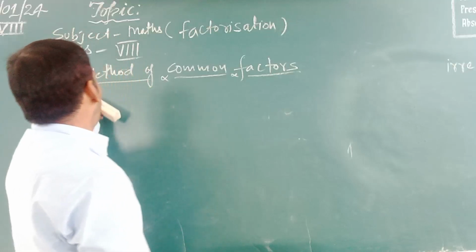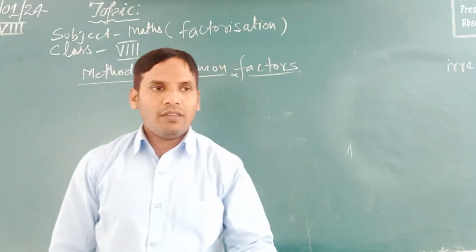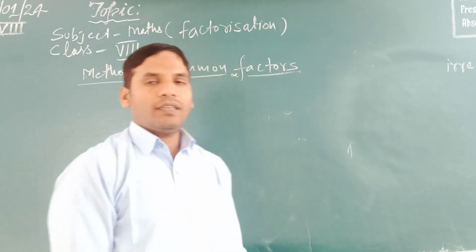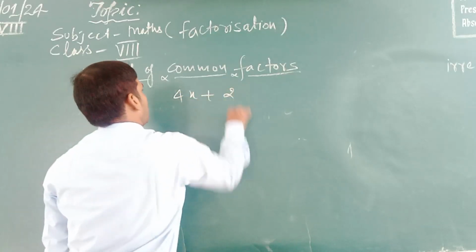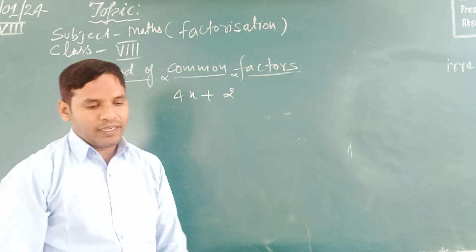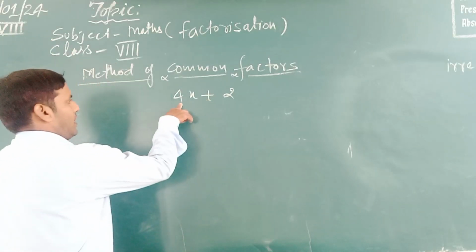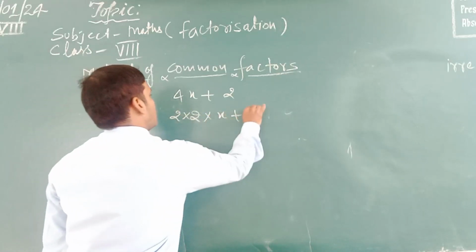Next, the method of common factors. If an expression is given, how can we factorize the given expression by taking the common factor? Suppose for example 4x plus 2 is here, or 4x plus 6, you can take any example. You can factorize, we can split 2 into 2 into x plus 2.